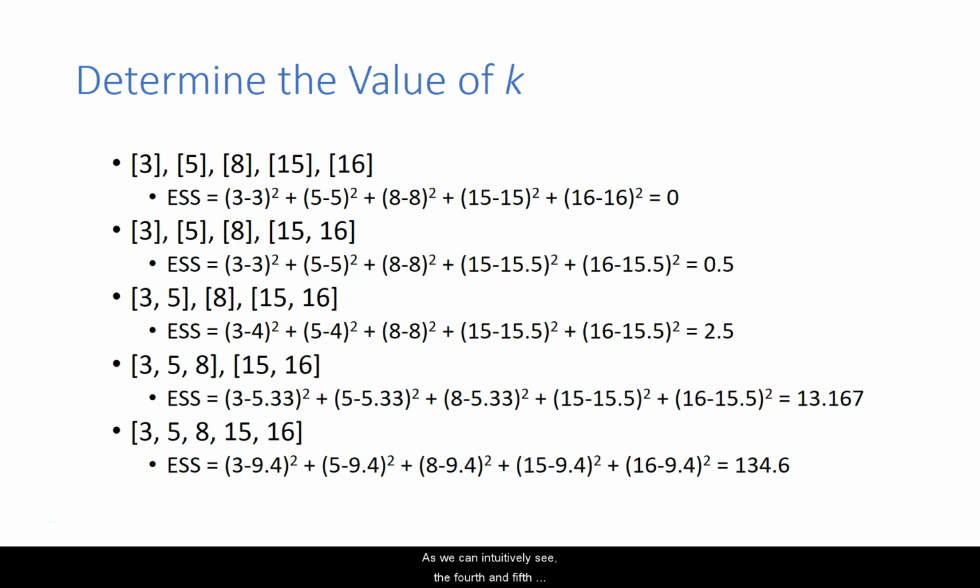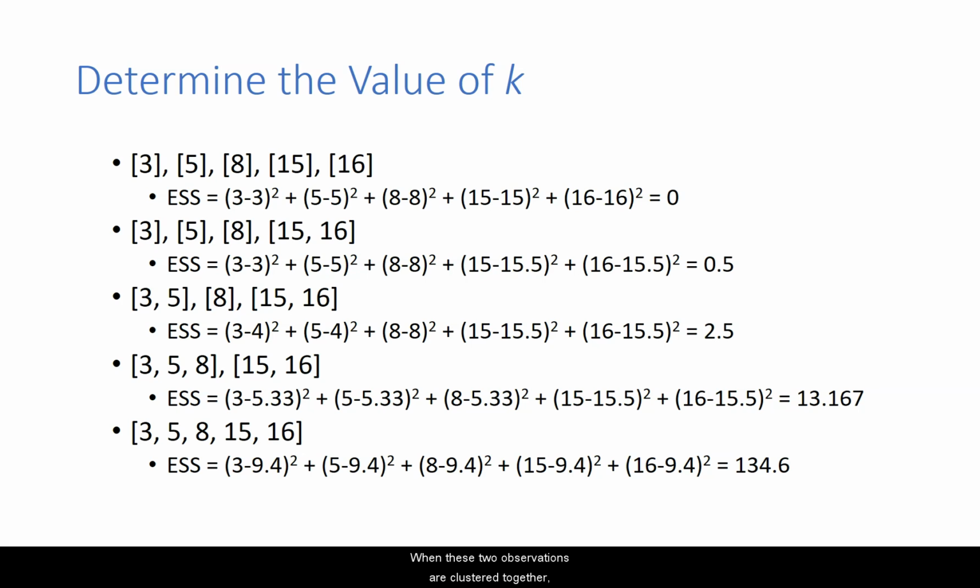As we can intuitively see, the 4th and the 5th observations are the closest to each other because the difference between the two observations is only 1. So we first cluster observations 4 and 5 together.